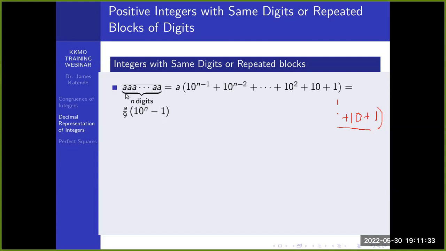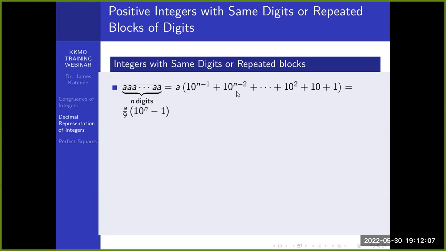So in general, if you have a number in which the repeated digit is a, you can always pull a out and multiply it by this sum of powers of 10. Now, if you look at this carefully, you will notice something about this sum. This is a geometric series with first term 1 and common ratio 10, and you can get the sum of the first n terms.